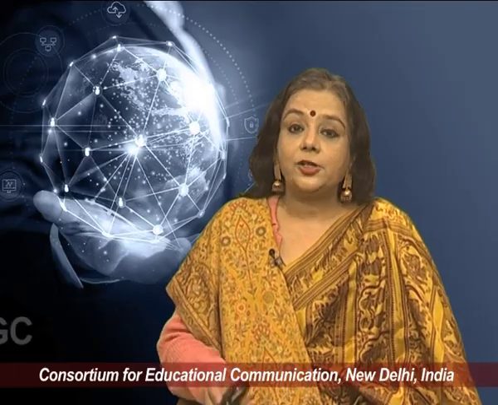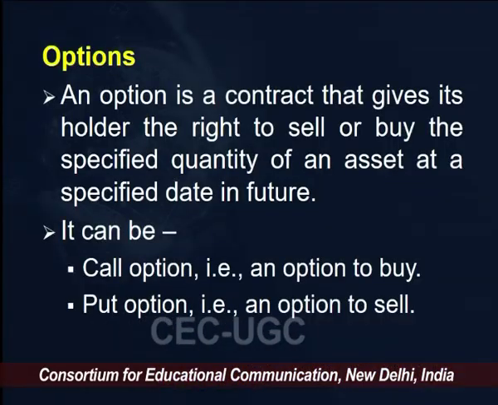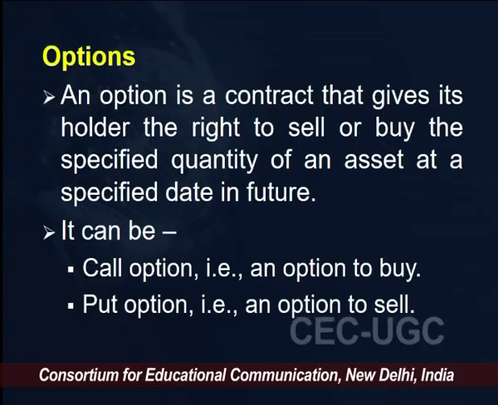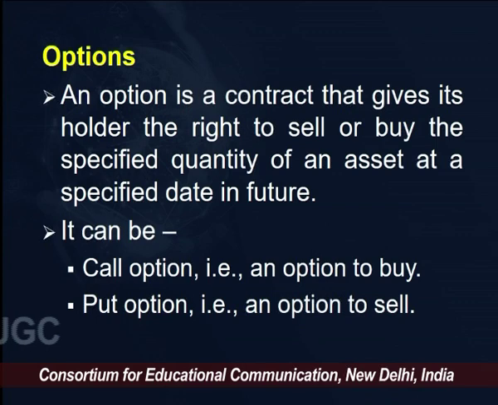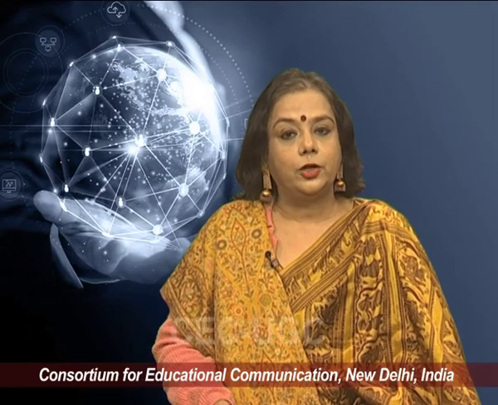But in case of option you can earn also. So, an option is a contract that gives its holder the right to sell or buy the specified quantity of an asset at a specified date in future. So, there can be two types of options, call option or put option. So, call option is an option to buy and put option is an option to sell.